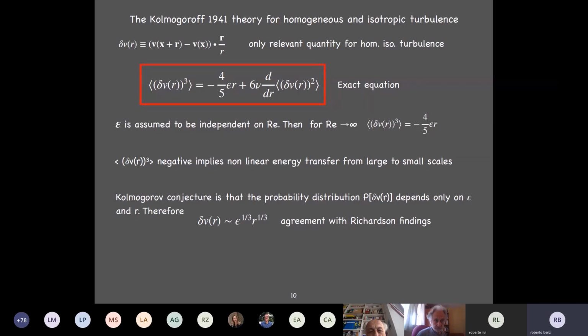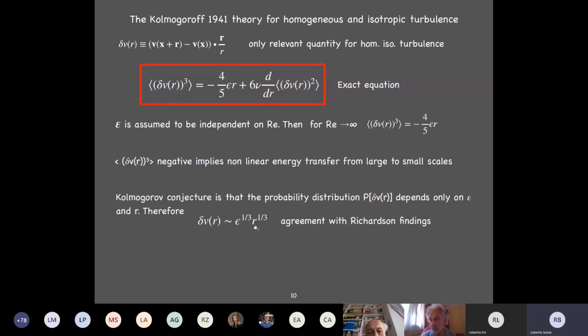Then you can go on. At this time, you can leave exact information, and you say, okay, if this is true, then we may think that the probability of the statistical fluctuations in turbulence can depend only on the energy dissipation and the distance r, and therefore you can argue that in general, you observe a velocity difference which is proportional to r to the 1/3.